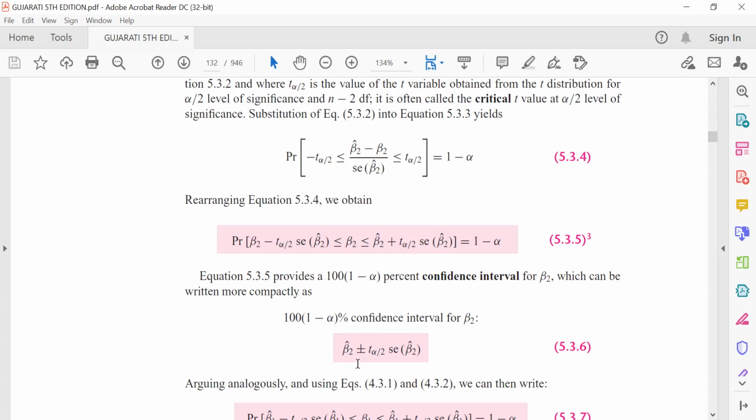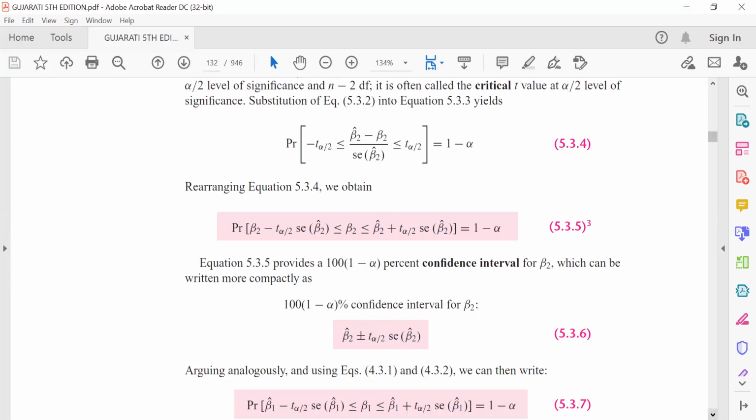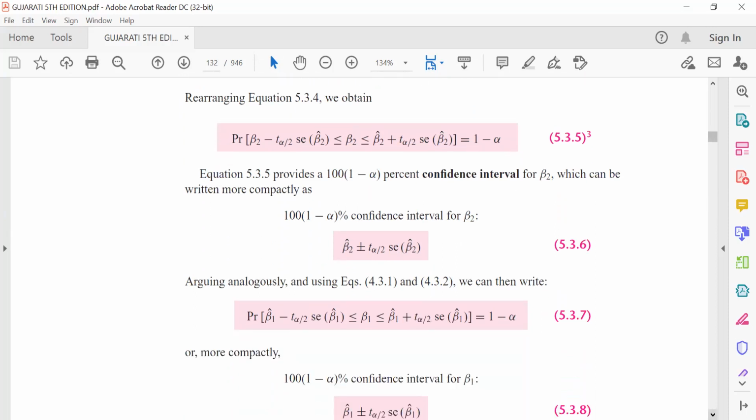First, we calculate beta 2, and we take the t value from the t distribution table. We multiply it with the standard error of the respective parameter. If we calculate for beta 1, that means the standard error of beta 1. If we calculate for beta 2, that means the standard error of beta 2.